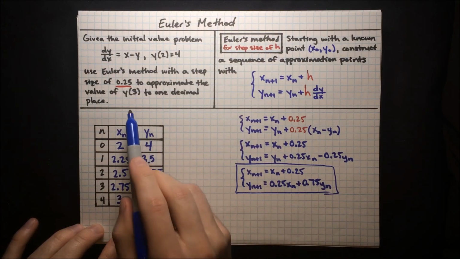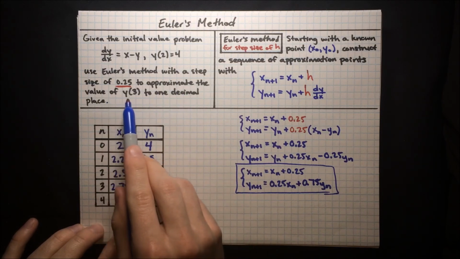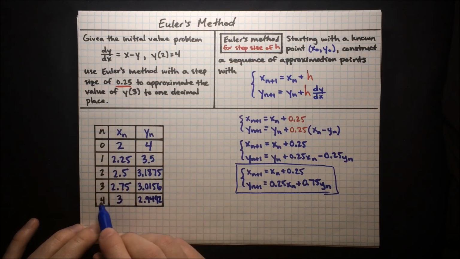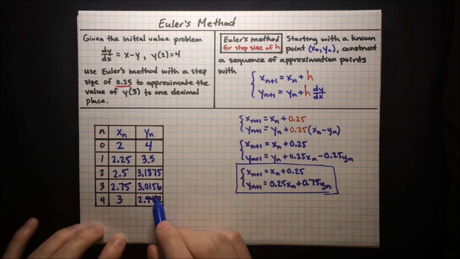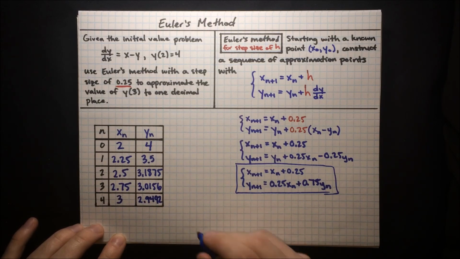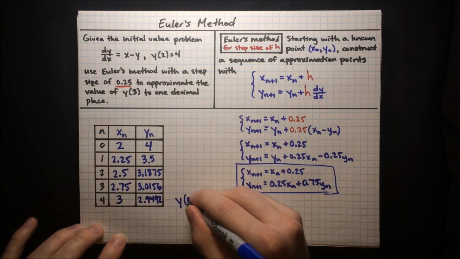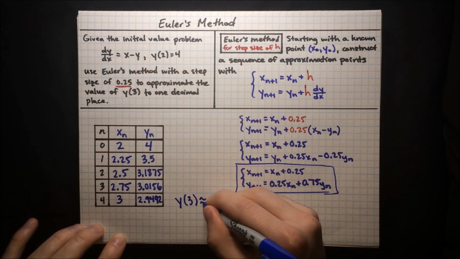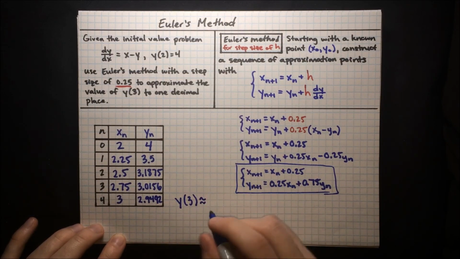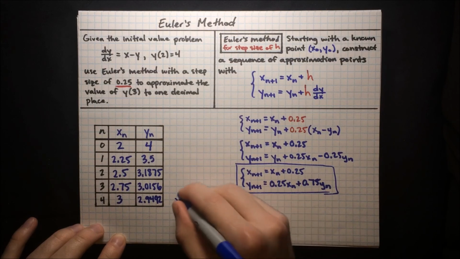Okay, so now we're in a good place to approximate the value of y of 3 to 1 decimal place. In our table here, we see our approximation is right here. So our approximation then, y of 3 is roughly, rounded to 1 decimal place, just 2.9.